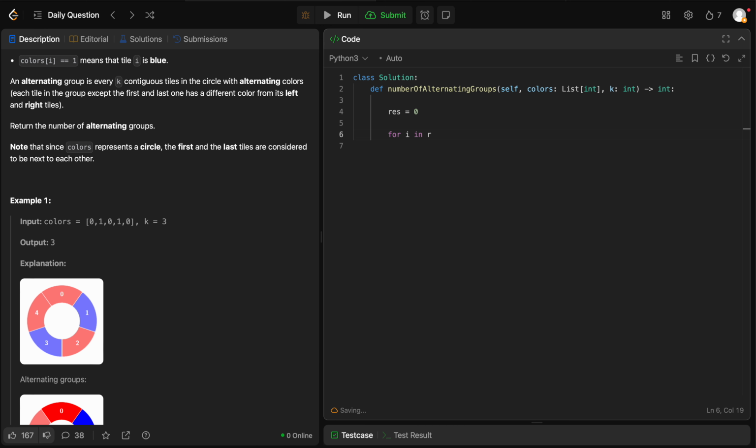For i in range of len of colors, and for pattern is equal to colors of i.